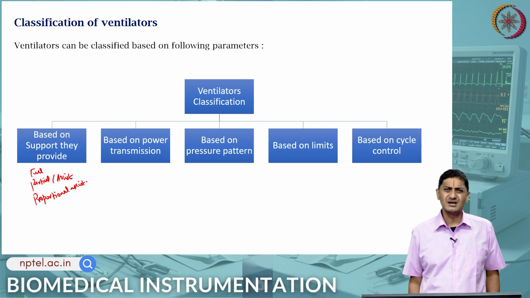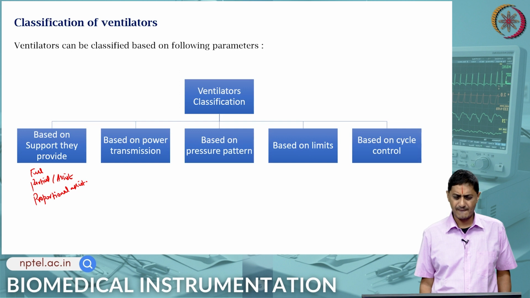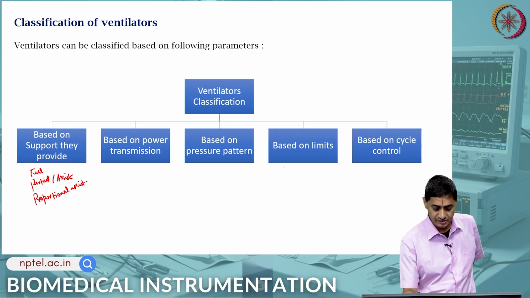Then based on power transmission, what kind of power transmission is used? Based on limits, what is it that you are limiting?